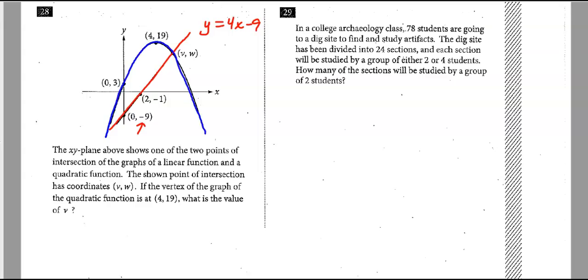The equation for any parabola is in the form y equals a times (x minus h) squared plus k. This is what's called vertex form. You want to use this form if you're given the vertex, and the vertex is h comma k.